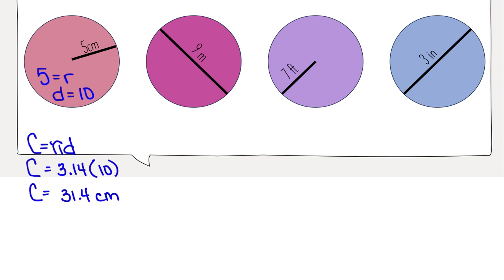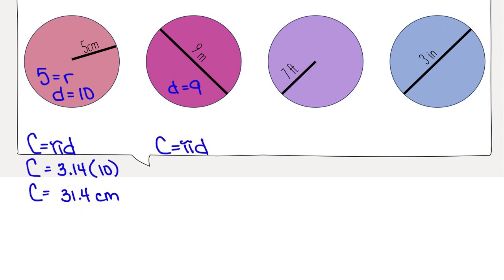Okay, the next one, the 9 meters. What part of the circle is the 9 meters? Okay. So the diameter is 9. What is the circumference formula? What is the formula? C equals pi d.